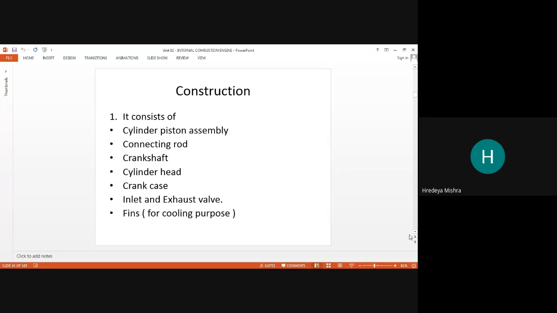Second difference, in the combustion chamber: an air and fuel mixture is sent for petrol, and in the diesel engine only air is sent to the combustion chamber.